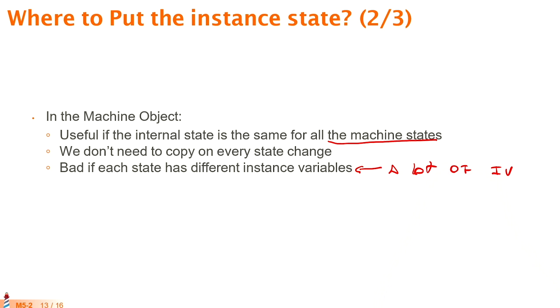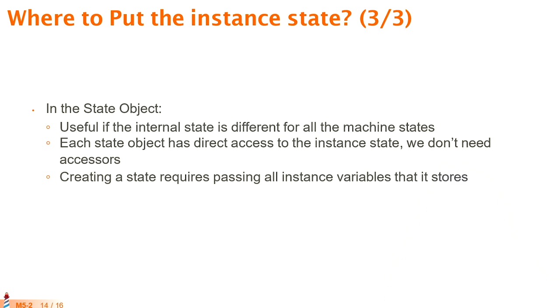For example, in our example, if in the idle state we are using a set of instance variables that is different than the ones that we are using in the state while the machine is doing the beverage, is doing the drink. So the problem is that maybe we have instance variables that we are not using in all the cases. The other alternative that we can explore is to put the state in the state object itself.